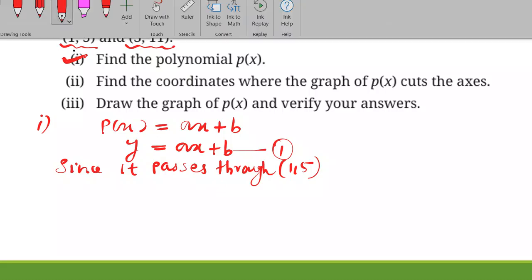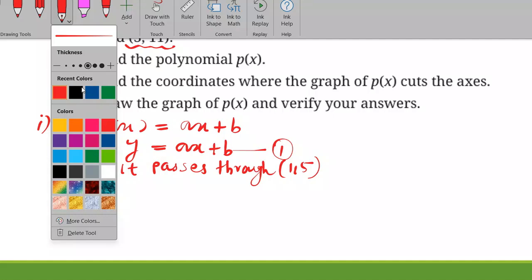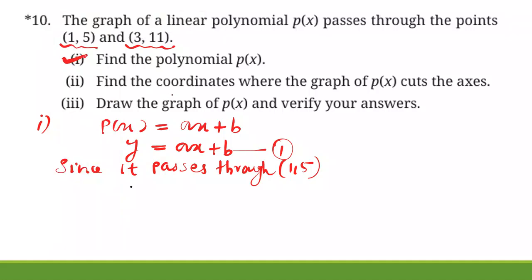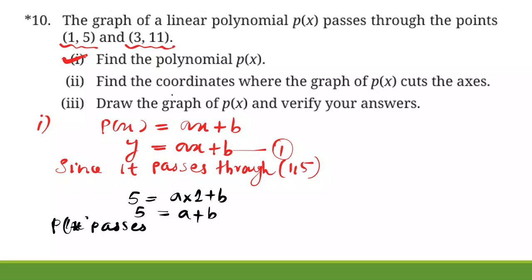Passing through the point (1,5) means it should satisfy the point, right? So it will be 5 is equal to a into 1 plus b, that is 5 is equal to a plus b. Now it passes through one more point, (3,11), so it should satisfy that condition also.